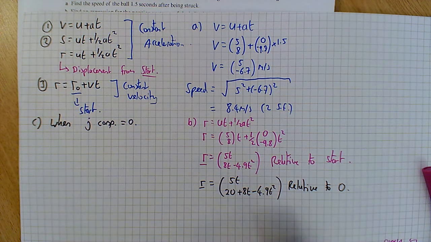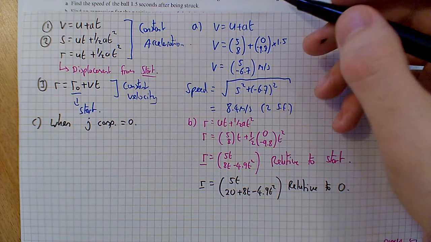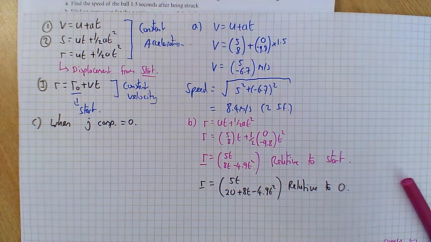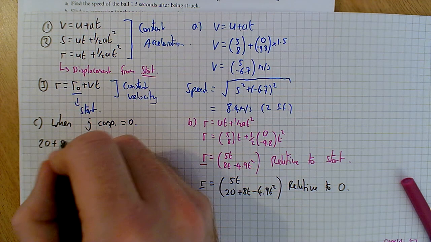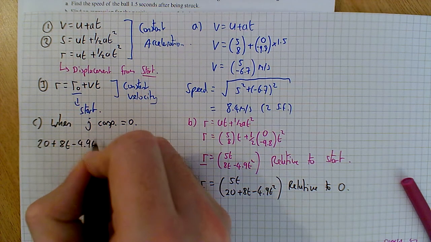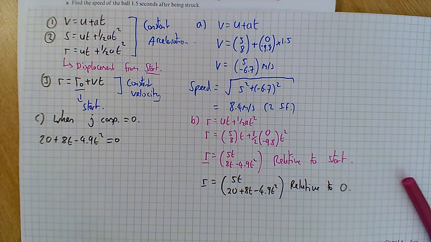If this in black here is our position with respect to the origin, then we'll get back level to the floor, looking at our diagram, when our j component is 0. So I'm going to solve that equation. I'm going to put 20 plus 8t minus 4.9t squared equal to 0. And then I'm going to use the quadratic formula.